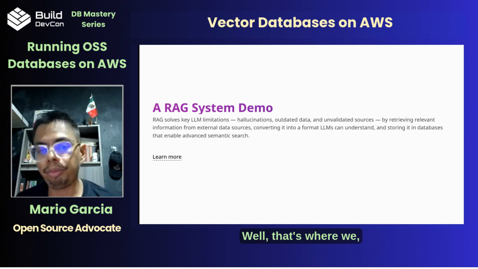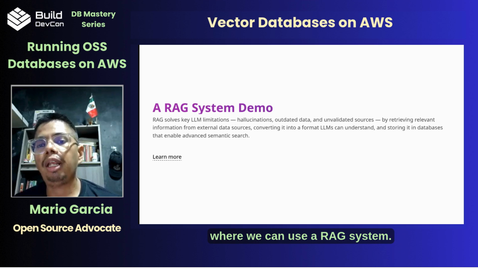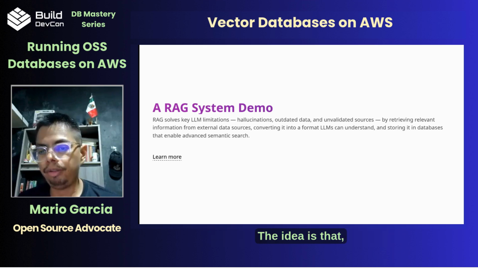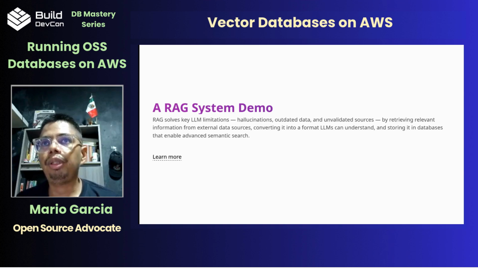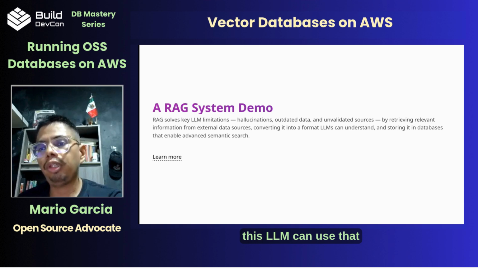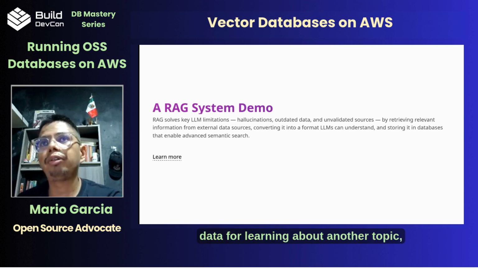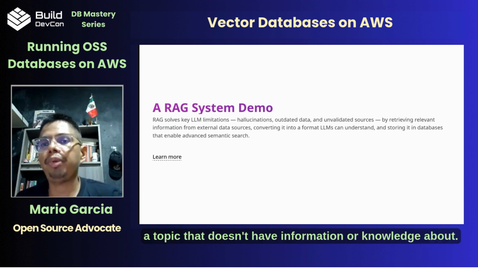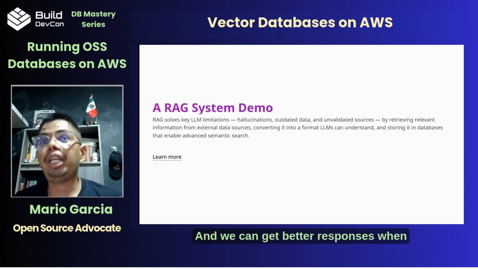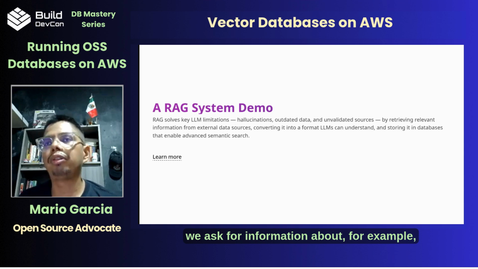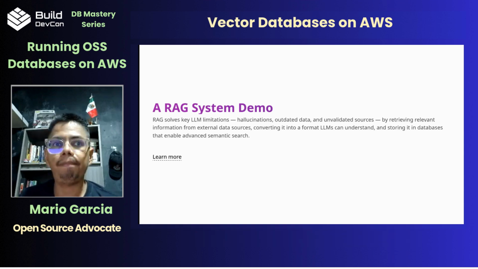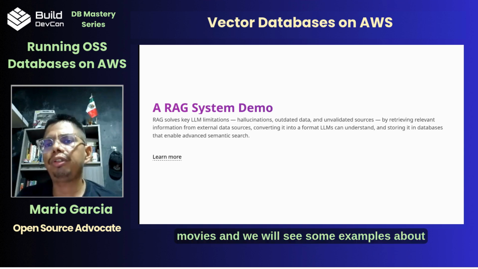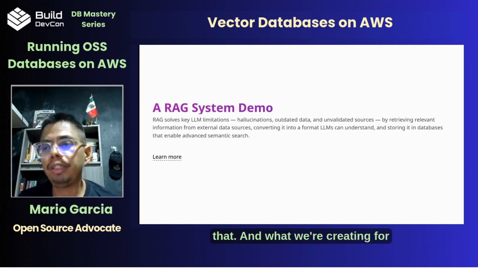Well, that's where we can use a RAG system. The idea is that with any data source, this LLM can use that data for learning about another topic, a topic that it doesn't have information or knowledge about, and we can get better responses when we ask for information about, for example, movies, and we will see some examples about that.